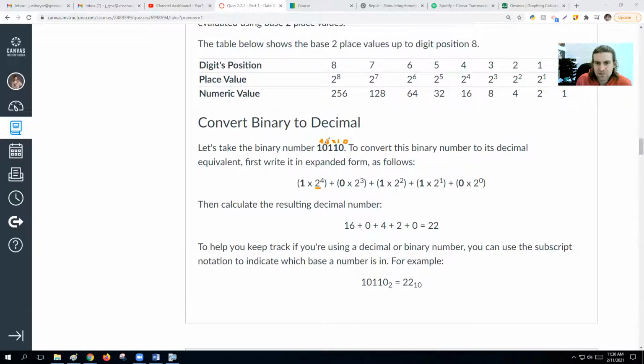So we have 1 times 2 to the 4th, 0 times 2 to the 3rd, 1 times 2 to the 2nd, 1 times 2 to the 1st, and 0 times 2 to the 0. If we evaluate these all, that's 16, 0, 4, 2, and 0. We can add them up, and so 10110 turns out to be 22 in our base 10 number system.